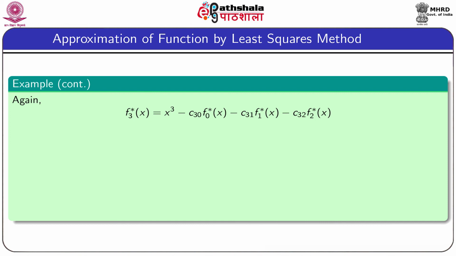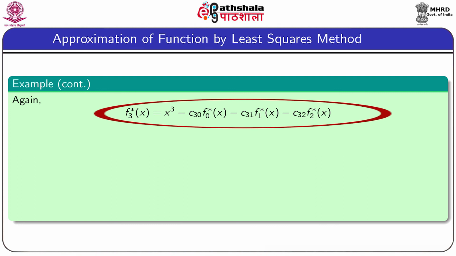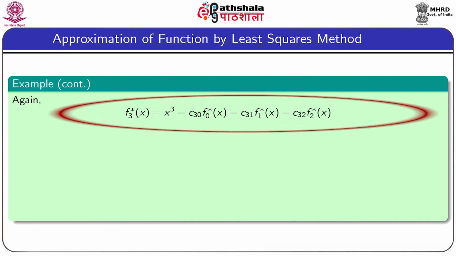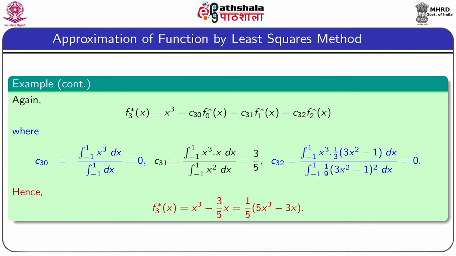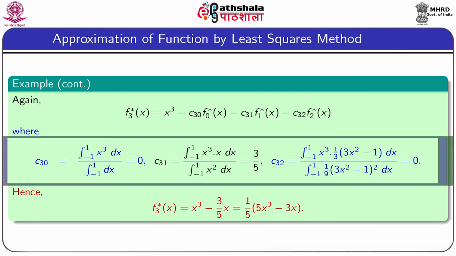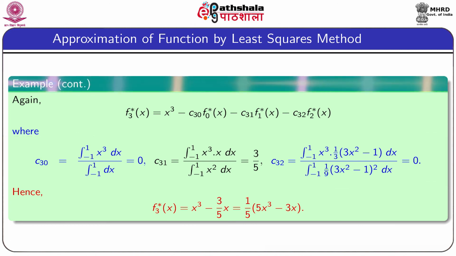The fourth orthogonal polynomial f3 star x equal to x cube minus c30 f0 star x minus c31 f1 star x minus c32 f2 star x, where c30 is 0 because the integrand in the numerator is an odd function, c31 is 3 by 5, and c32 is also 0 since the integrand in the numerator is also odd for this case.